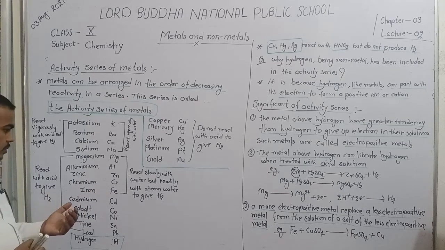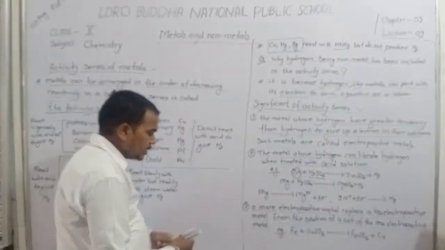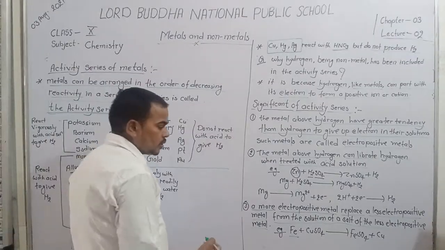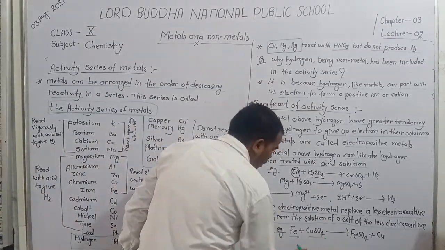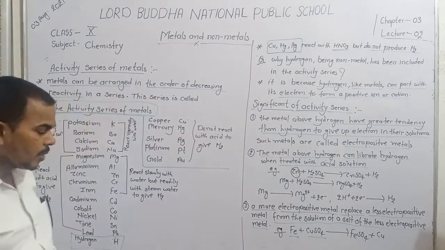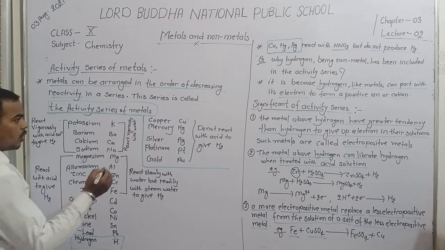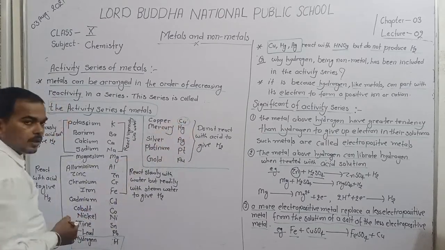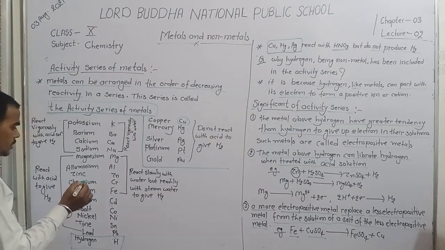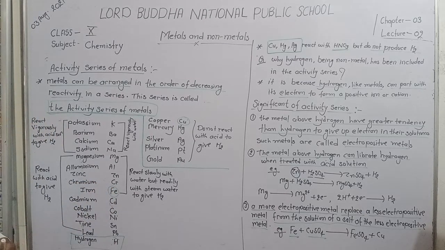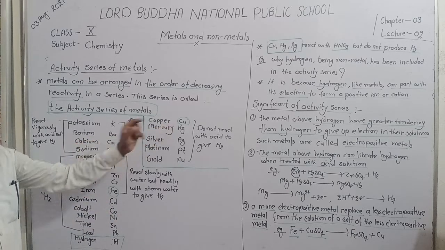For example, we use iron to react with a salt solution of copper sulfate. When you observe here, iron is placed above copper.